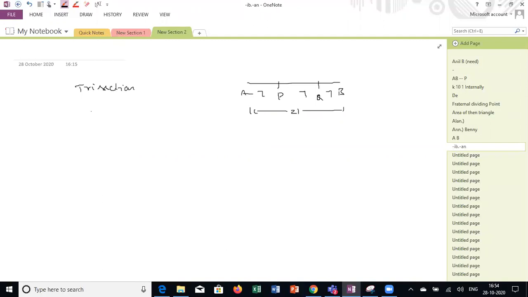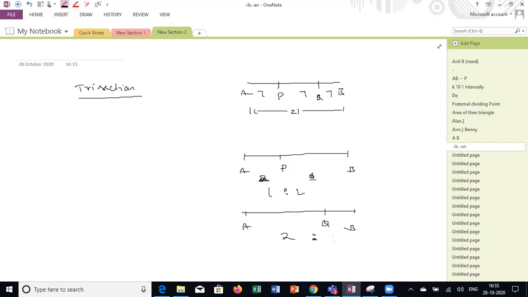So whenever you receive a trisection question, find P, which is dividing AB in a 2:1 ratio, and Q, which is dividing AB in a 1:2 ratio.